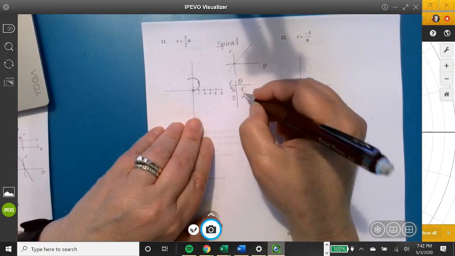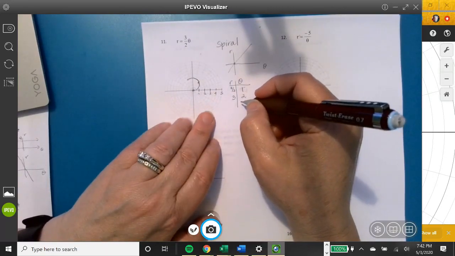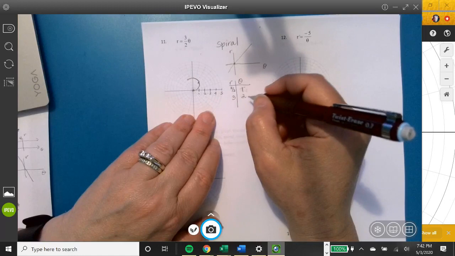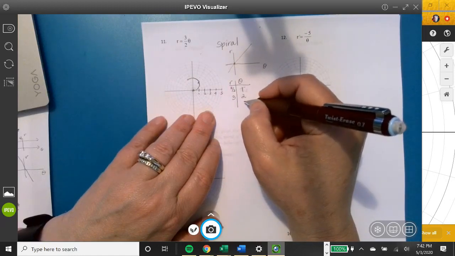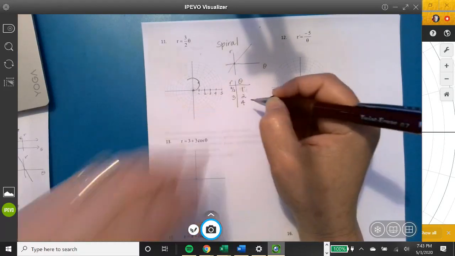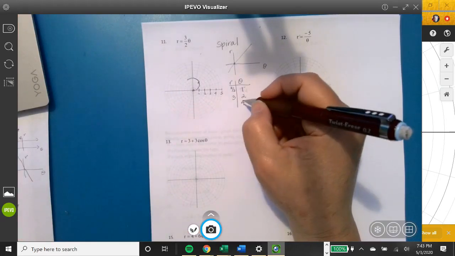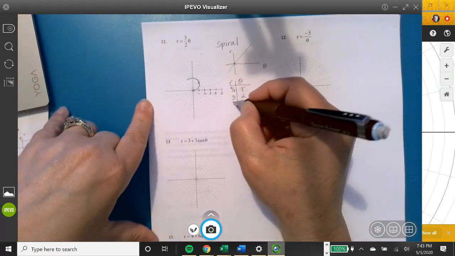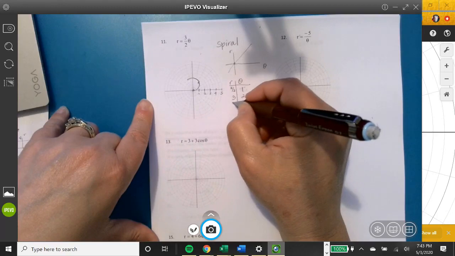Okay, so let's make theta a nicer number. We did 2, let's make it 4. So if theta is 4, then we are at 6.